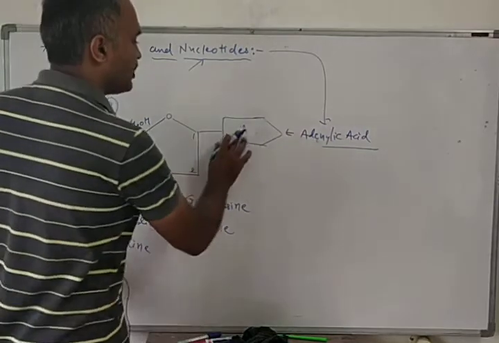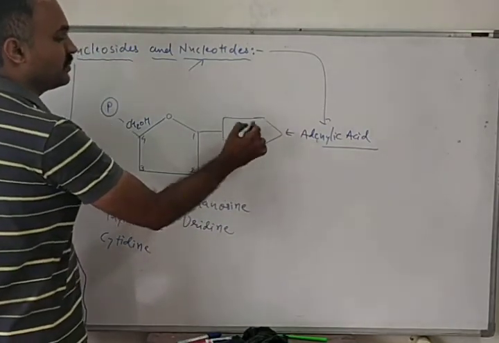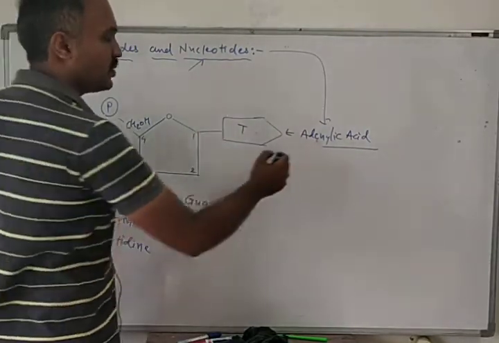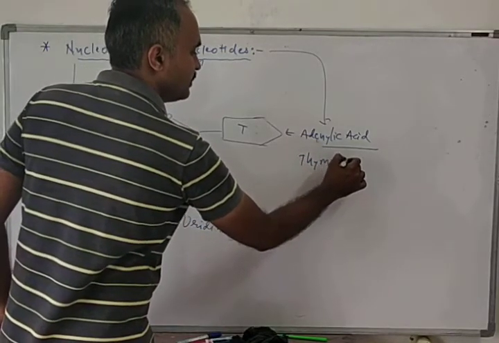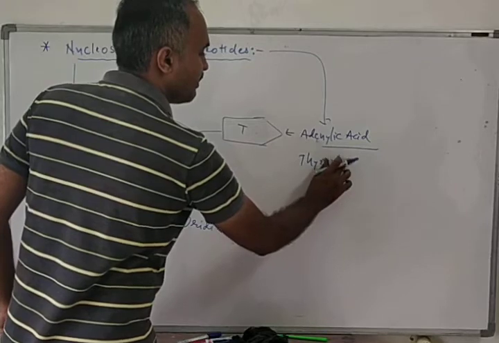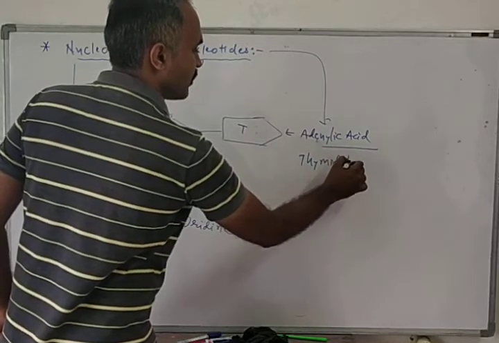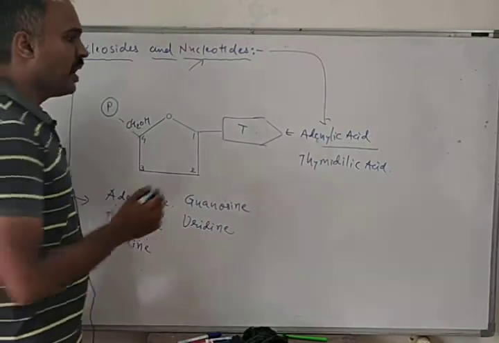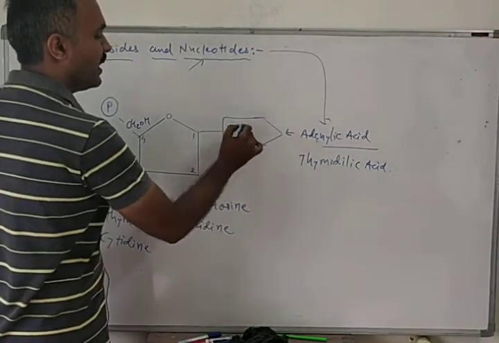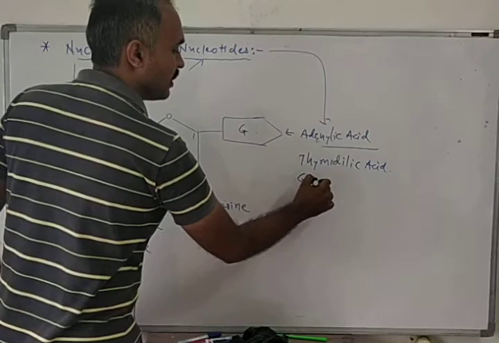Now let's talk about thymine. Then it is known as thymidilic acid. If guanine is there, then it is known as guanilic acid.